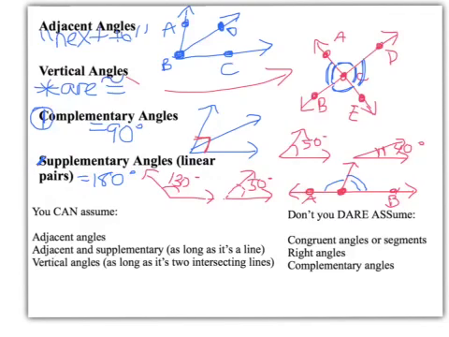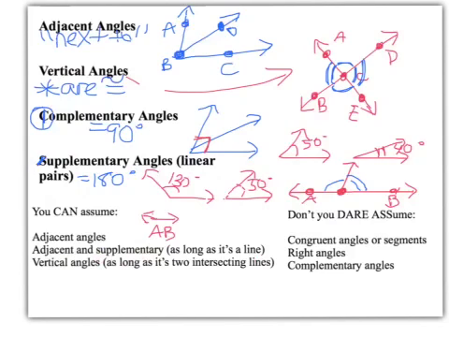Now, especially when we start proofs, these are some things that you can assume. You can assume adjacent angles. You can see that they're sharing a common ray, a common side, so you can assume that they are adjacent. As long as it's telling you that it's a line, like if the proof that we eventually do tells you that there's a line AB, then you can assume that angles are adjacent and supplementary.